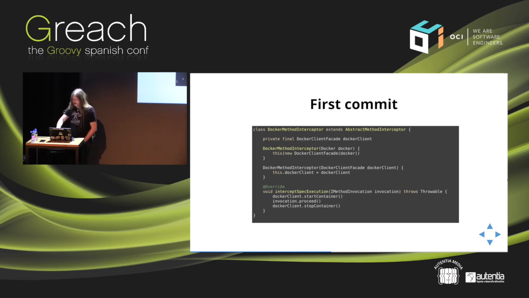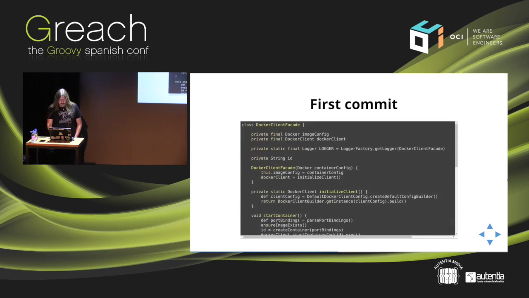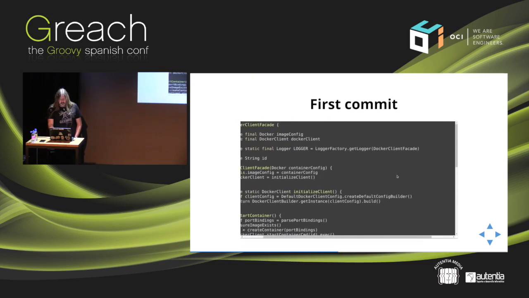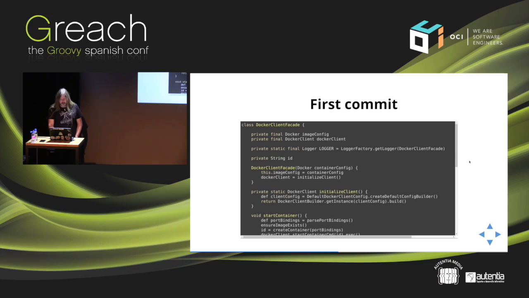So really simple. And this is a bit longer. This is the implementation using the Docker Java client, which is quite verbose and not that nice to use, but it's okay, and it's one of the most widely used Docker libraries in the Java world.